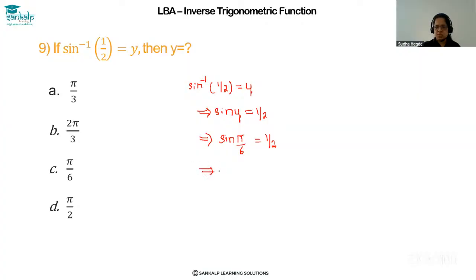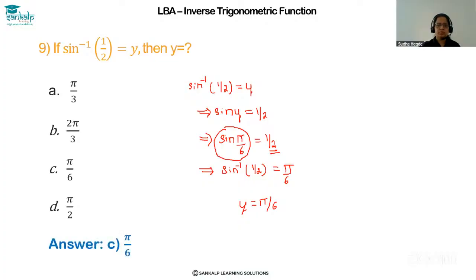This implies y is pi by 6, or sine inverse 1 by 2 is pi by 6. Therefore, y is equal to pi by 6. Got it right? For which value you are going to get 1 by 2, you have to check. You know that sine pi by 6 is 1 by 2. Therefore, option C, pi by 6 is the correct option. Got it right? Thank you.